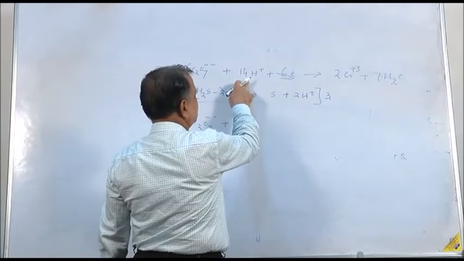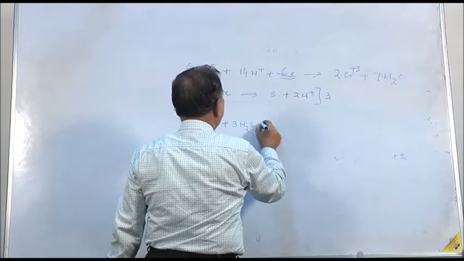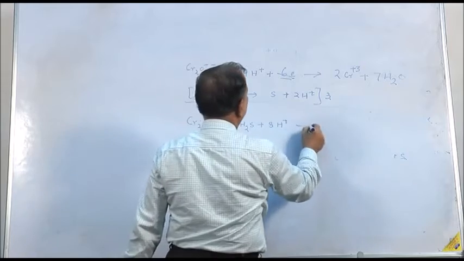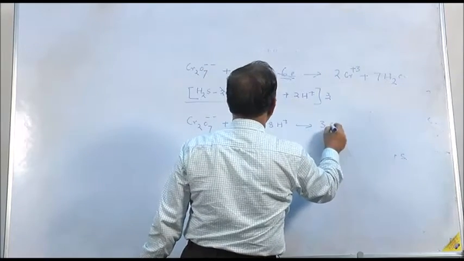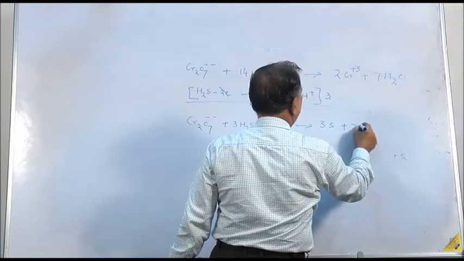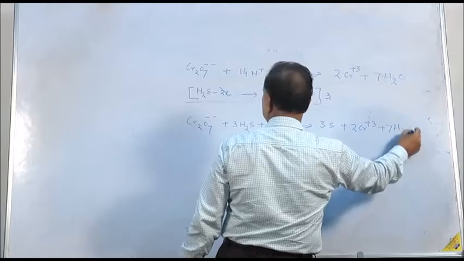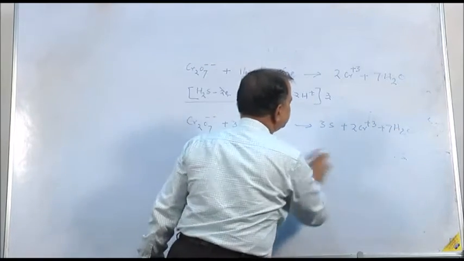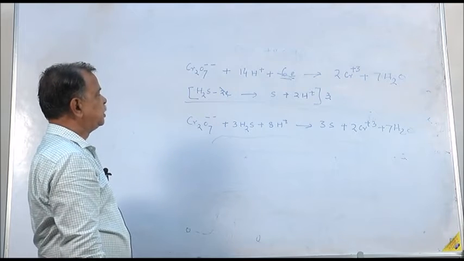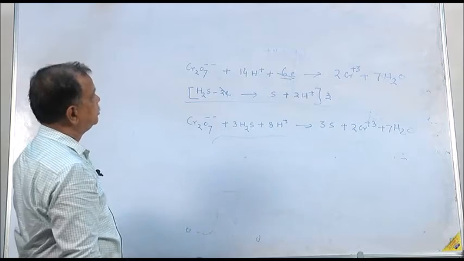Here is 14H plus, here is 6H plus, it will be plus 8H plus, to form 3S plus 2Cr3+ plus 7H2O. This is the ionic equation: Cr2O7 2- plus 3H2S plus 8H+ gives 3S plus 2Cr3+ plus 7H2O.